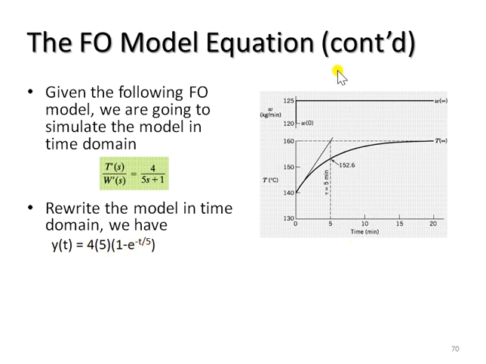So in the previous video, we already learned that this transfer function will produce the response similar like this, where this is the input and this is the step response output.